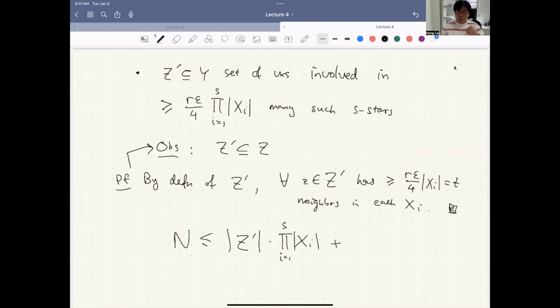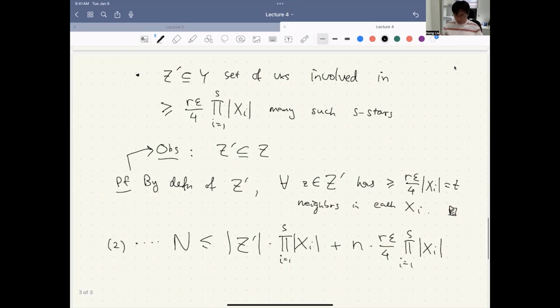For vertices not in Z prime, there are at most n of them. You just count all the vertices that are not in Z prime. And for each one of them, by definition of not being in Z prime, they are involved in at most r epsilon over 4 times the product of Xi, i from 1 to s. Now this is the upper bound on N.